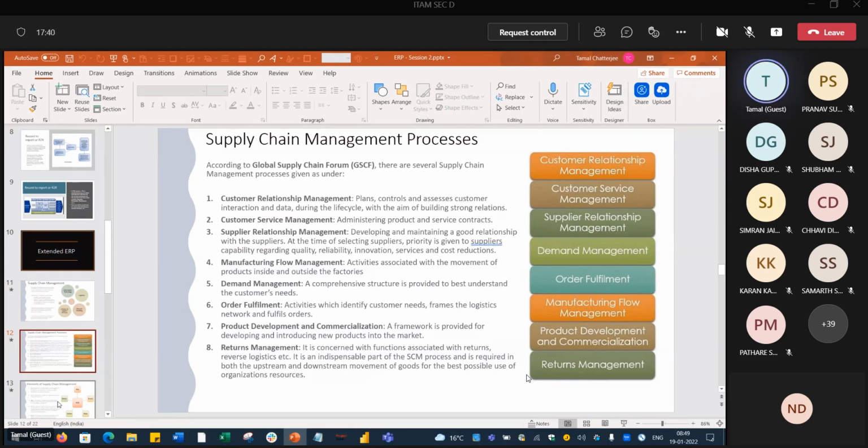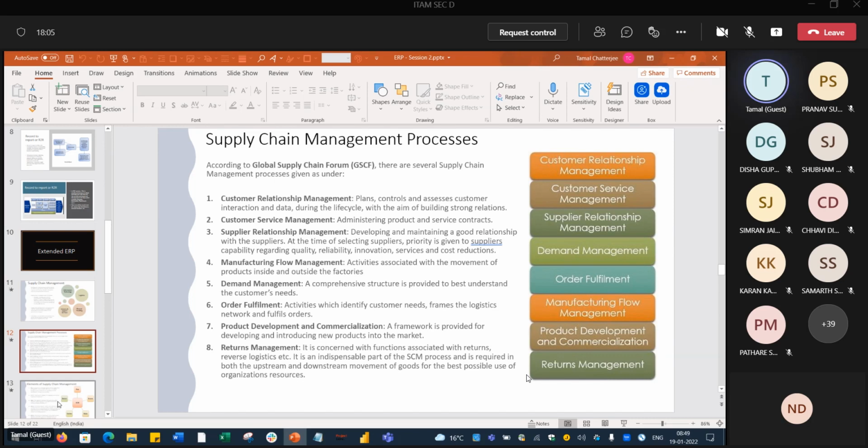That is a worldwide accepted model, and India seems to be very good at implementing it. The first one in the supply chain is customer relationship management, the CRM I was mentioning. That is the first thing we have to do.